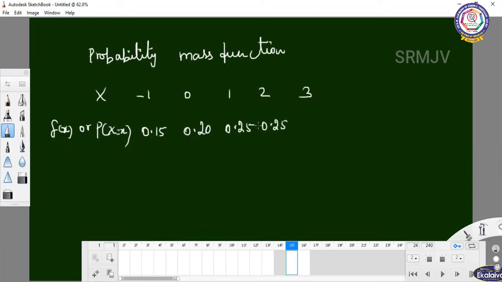And what is the value of 3? 3 is 0.15. So this is the probability mass function. You can draw the tabular column.